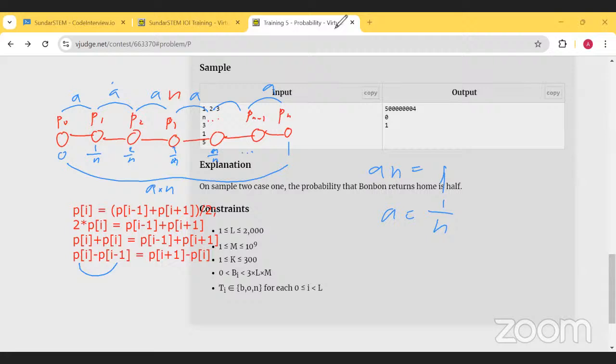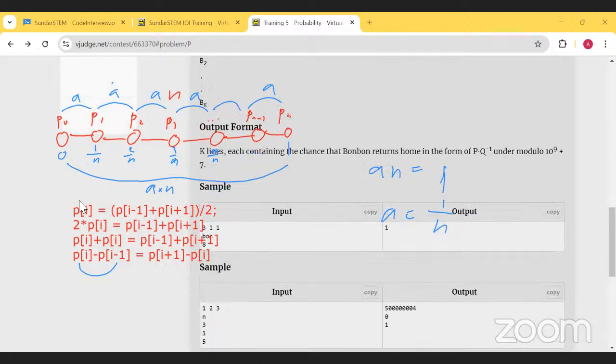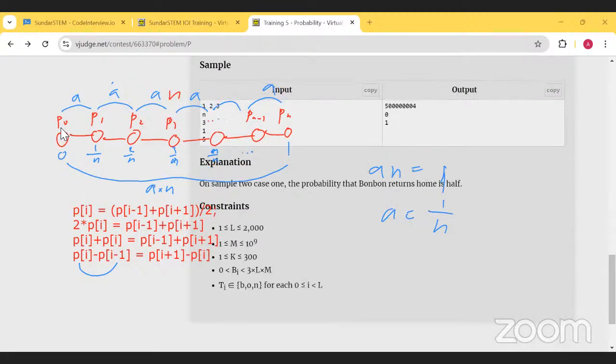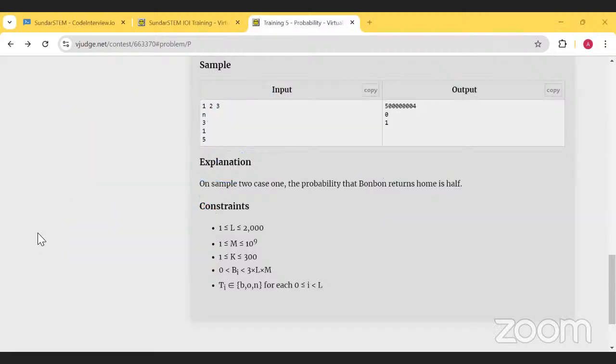So we can solve this problem with all of the observation. So we can just find the length of the graph. So the length will be like this, because k times l is small, so we can just brute force it.